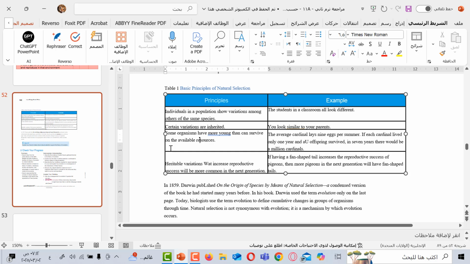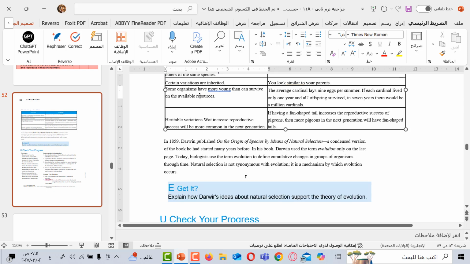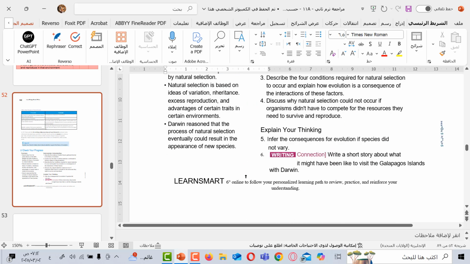Okay, number 4, the reproductive advantage. But study this table well, and the other knowledge on this page. Okay, let's see the next.